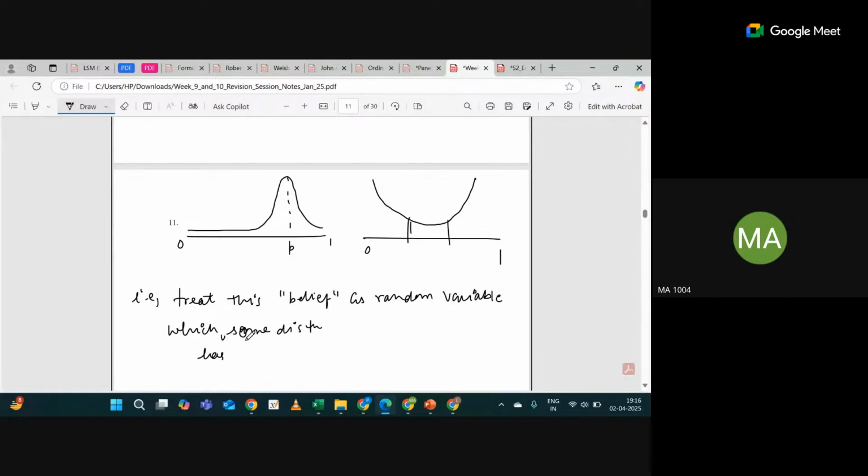It can be anything. You can say P is close to one, or P follows a uniform distribution, or anything. P lies between 0 and 1. We have to define the range accordingly. So you are going to treat your belief as a random variable.